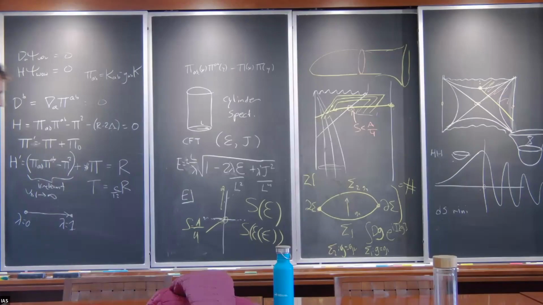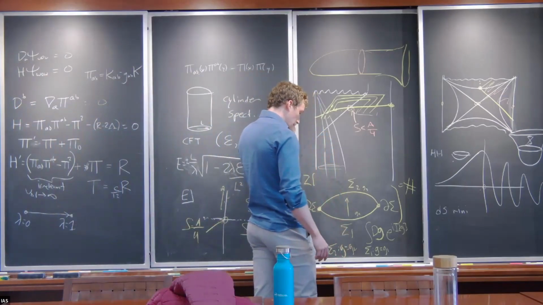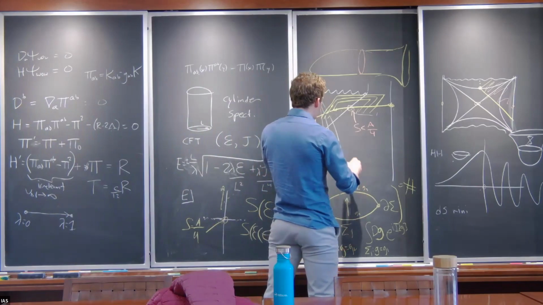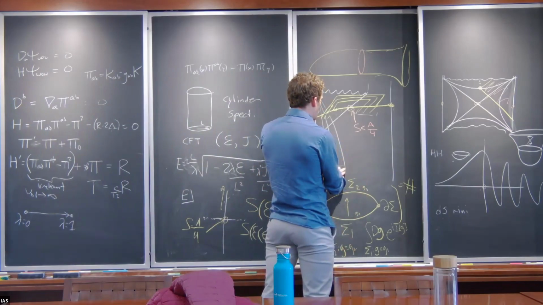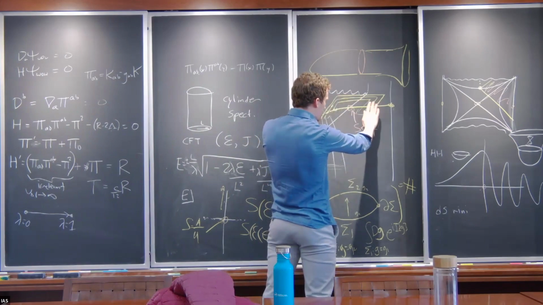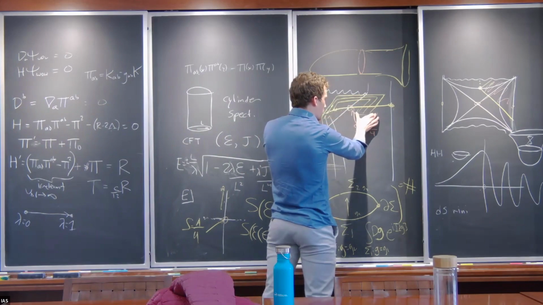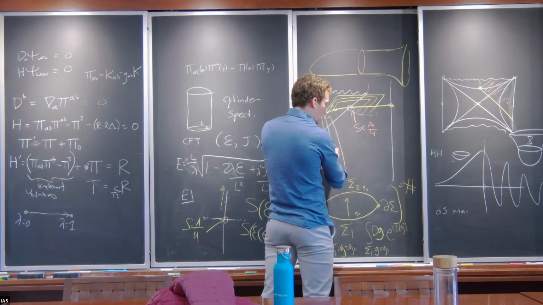From the encoding point of view, you can work out what happens. Before you do the measurements, there's some operation you can do on the radiation that tells you what the state of the star was.